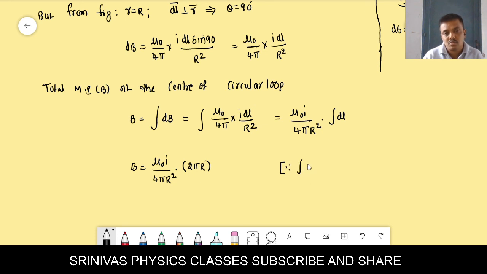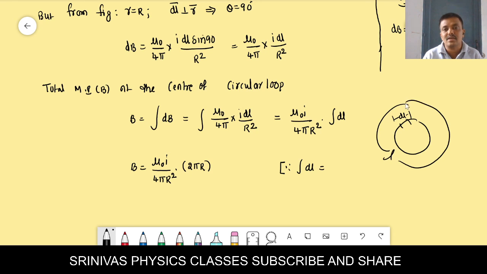Why? It is 2 pi R. dl is the small element length on the circle. Integration dl means the full circle length, which is the circumference. The perimeter of the circle formula is 2 pi r, right? Yes or no?